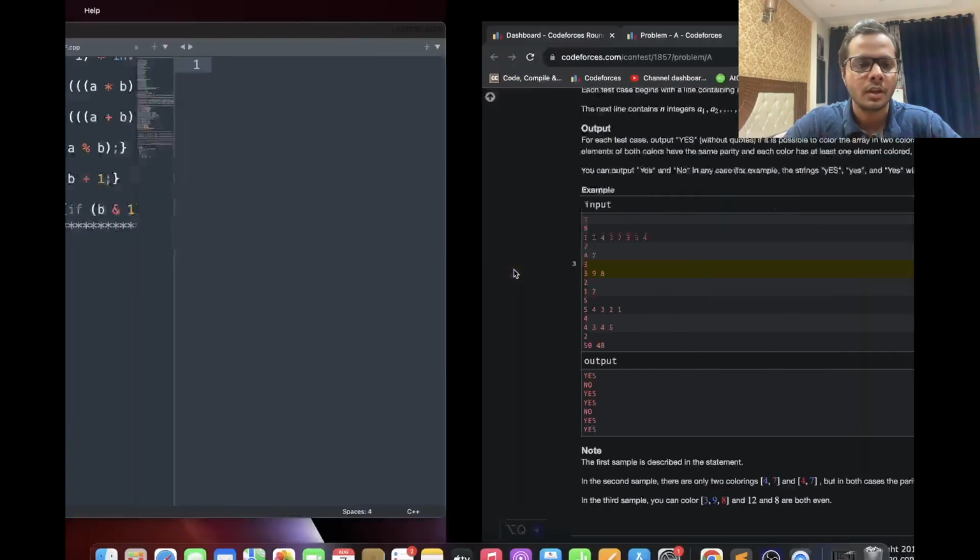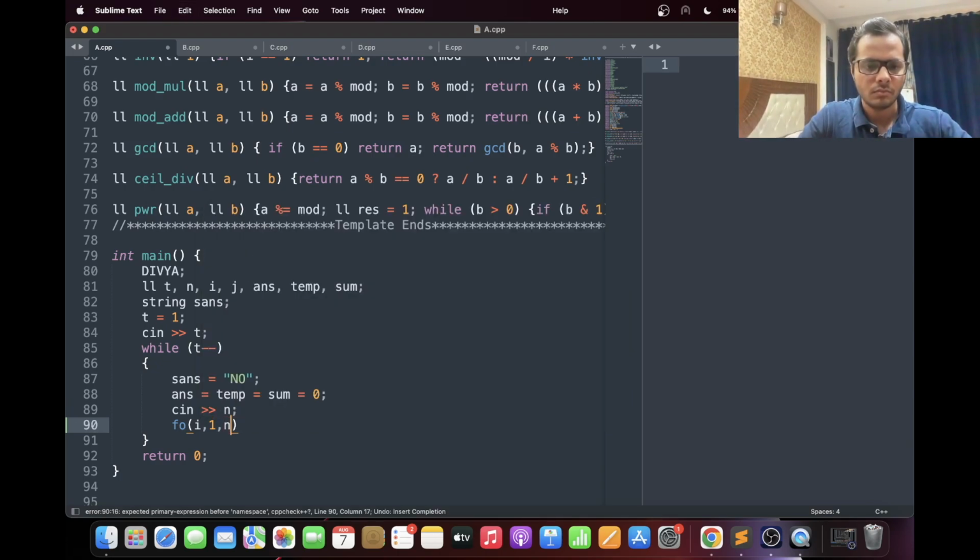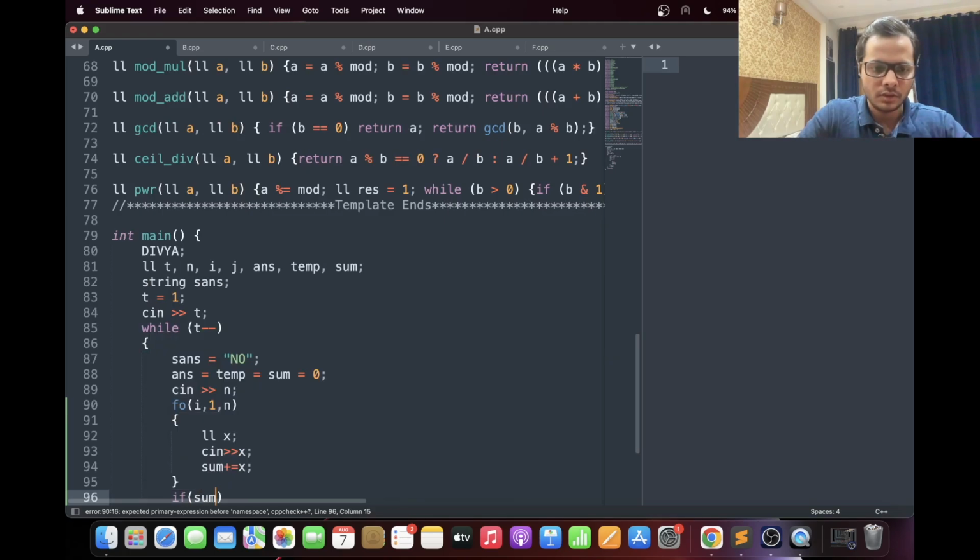Okay, cool. So let's just create a variable sum equal to 0. Read the input, sum plus equals x. So if sum is even and n is greater than 1, then our answer is going to be yes.